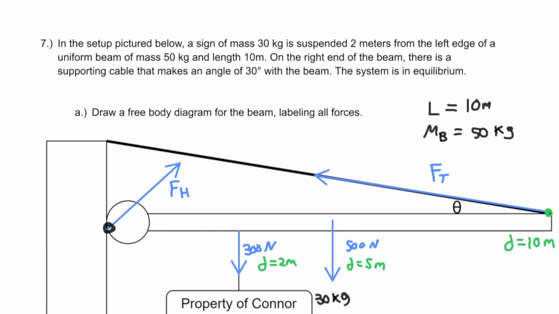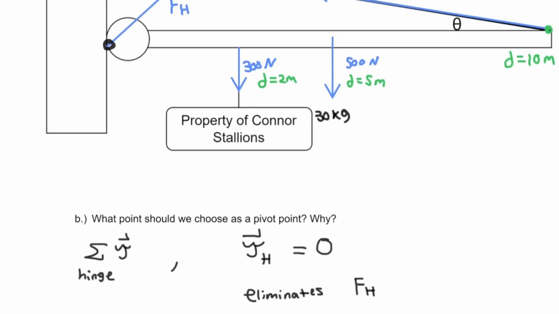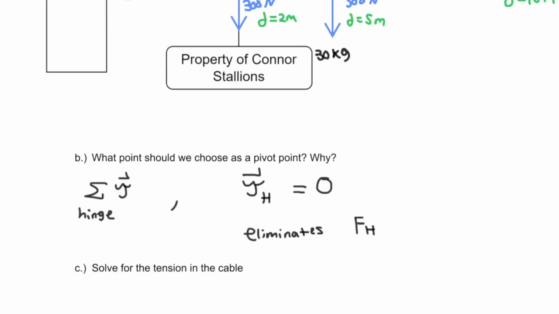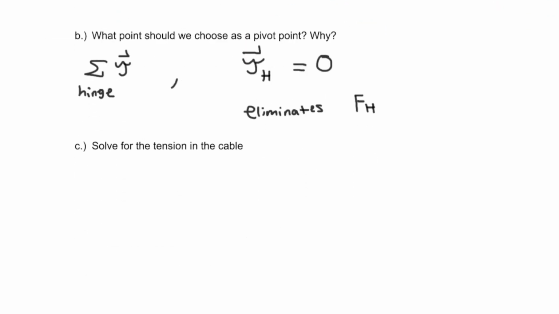So, since I don't know the hinge force, I can't just set the forces equal to 0. Because I don't know exactly what the hinge force is bringing to the party. So this must mean that I can eliminate it by summing up the torques about the hinge and setting it equal to 0.